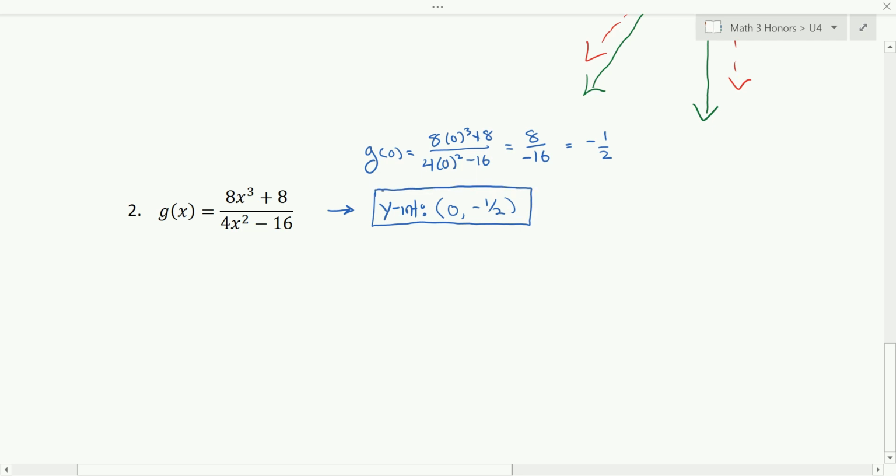Then the new step, we check the degree of the numerator and the degree of the denominator. What's the degree of the numerator? 3, degree is 3 here, and degree of the denominator is 2.